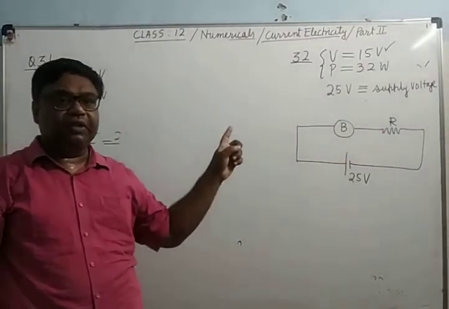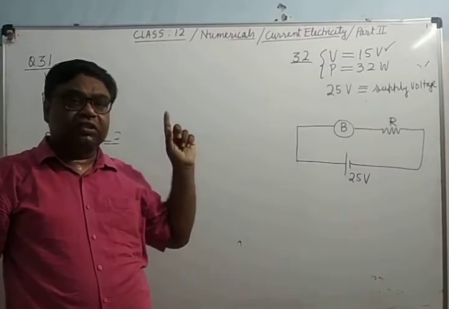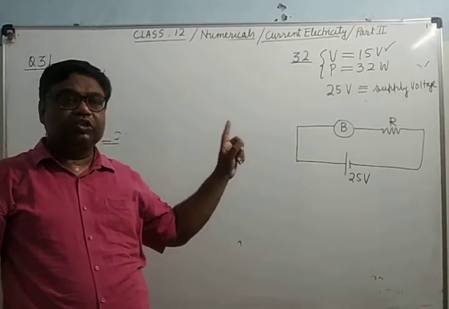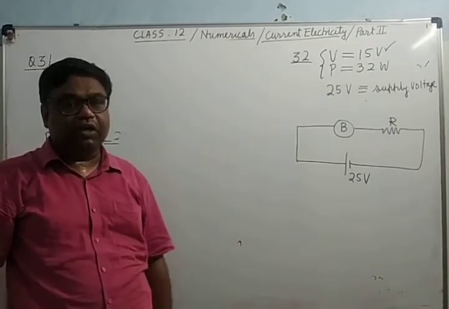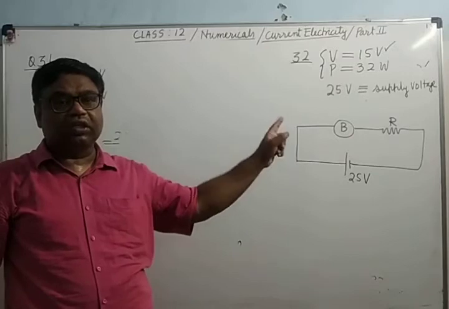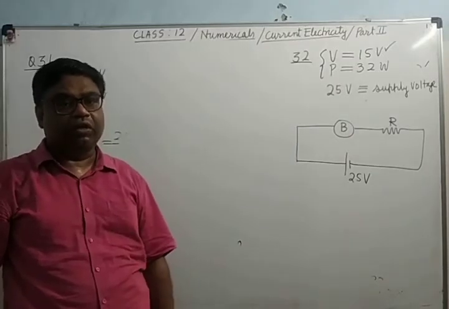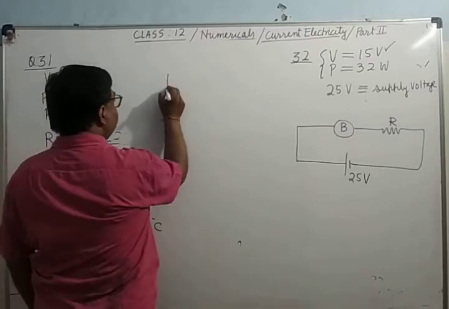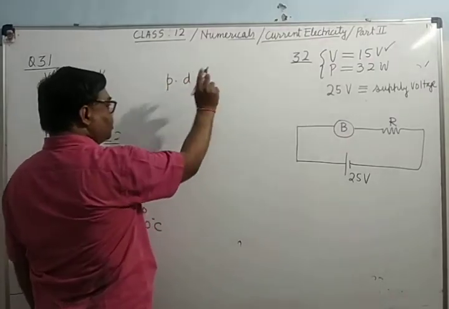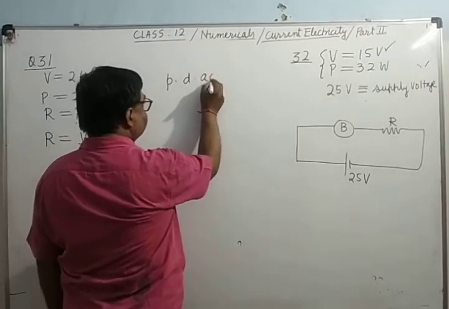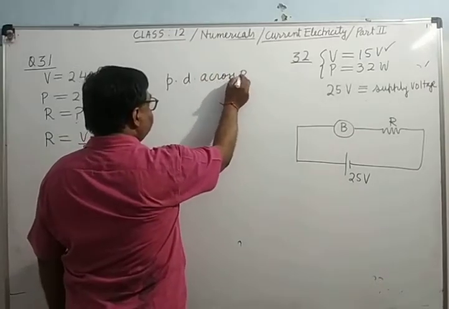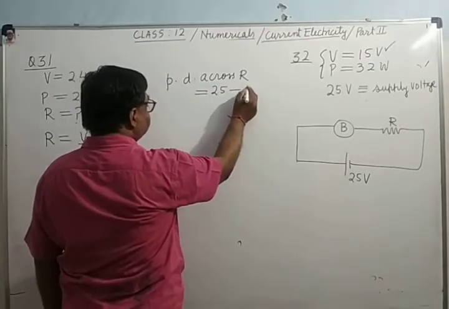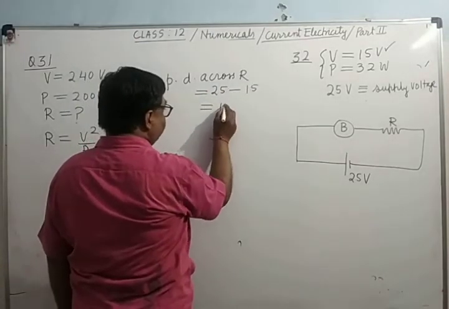So this thing we will mention. Since the bulb is working with full illumination, the consumed power across the bulb will be 32 watt and the voltage across the bulb will be 15 volt. Therefore, potential drop across R, that you will write, will be equal to 25 minus 15, that is equal to 10 volt.